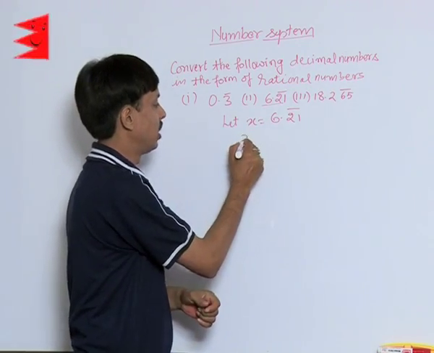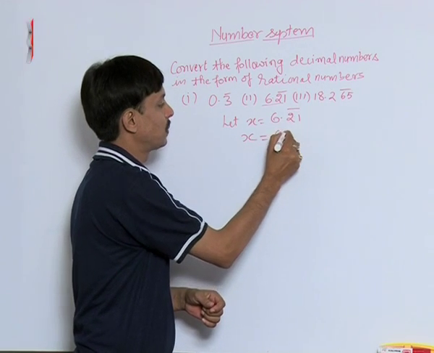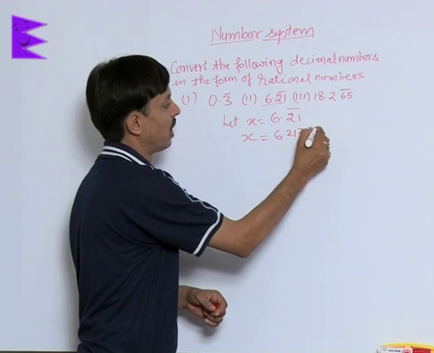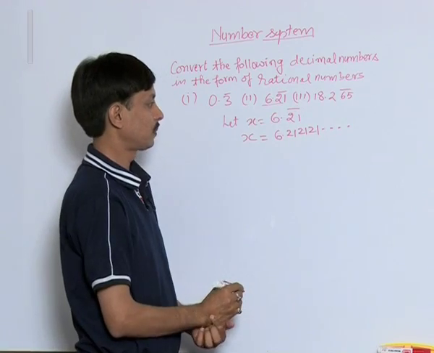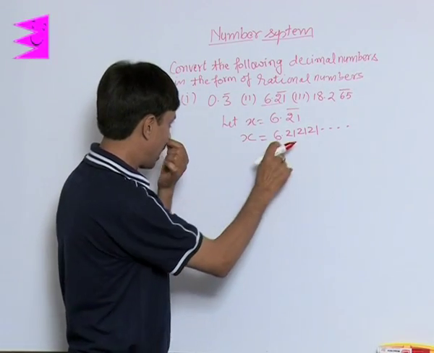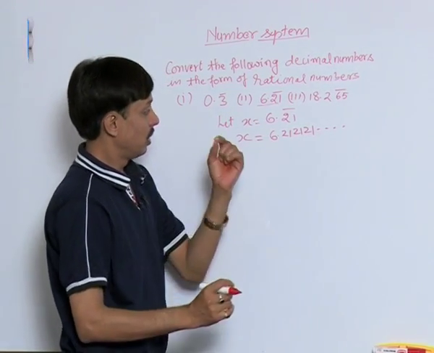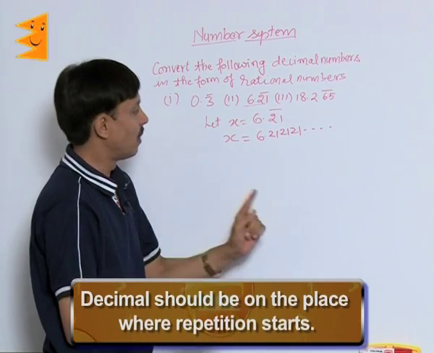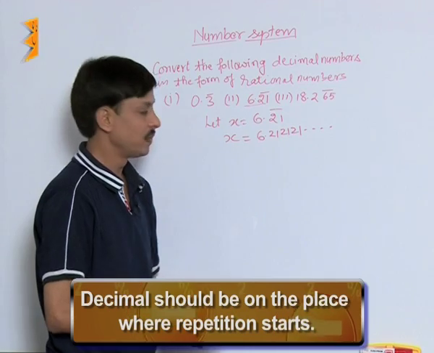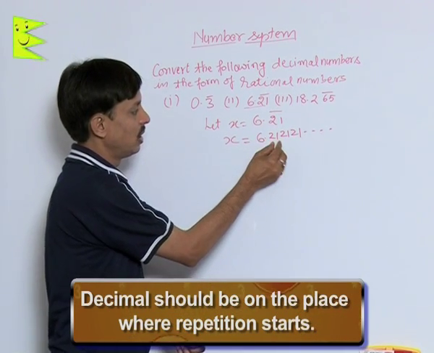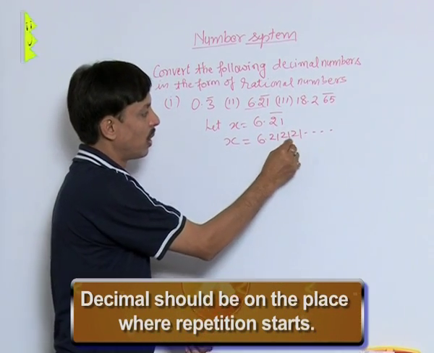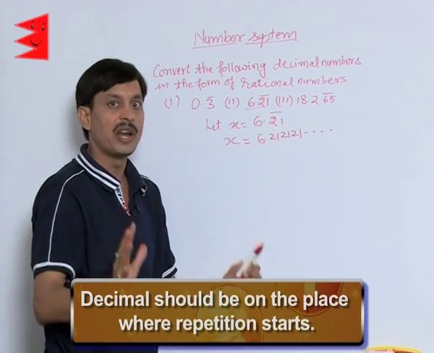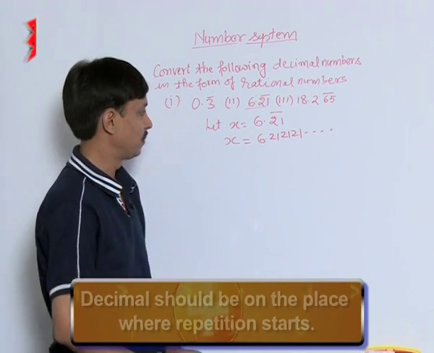That's why I can say x equals 6.212121 dot dot dot. First checkpoint is that the decimal should be on the place from where repetition is starting. Here the point is here, 212121. So the decimal is already on its correct position.